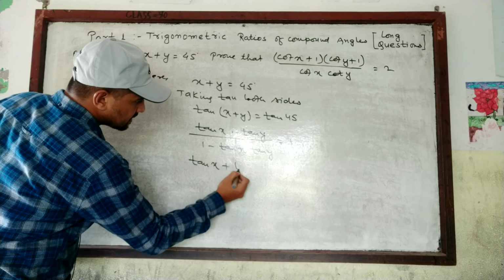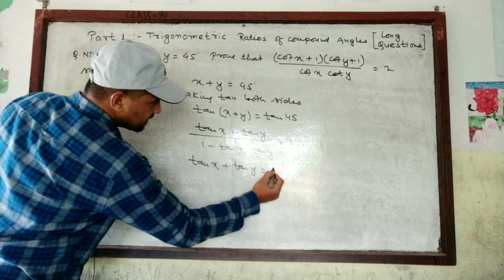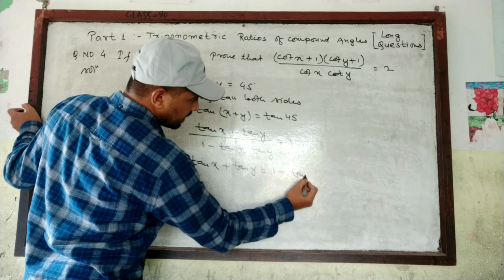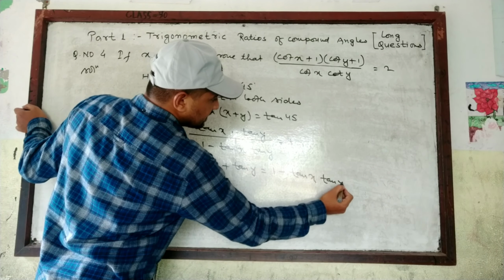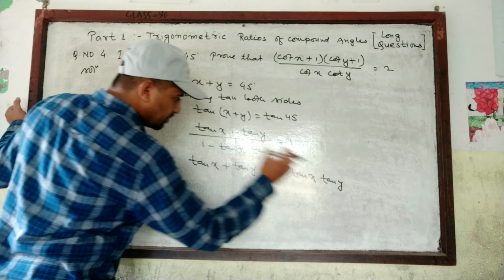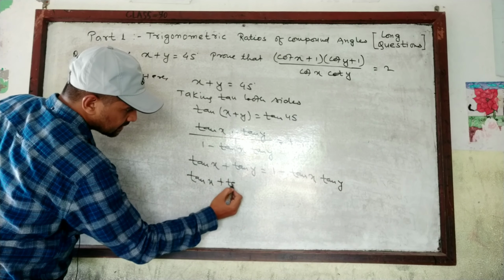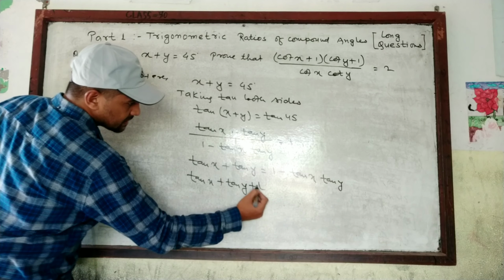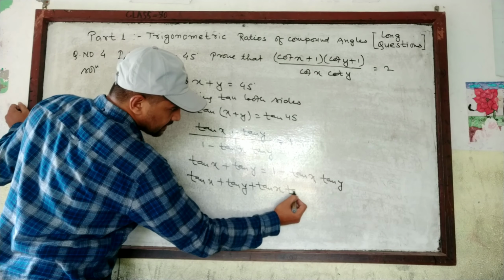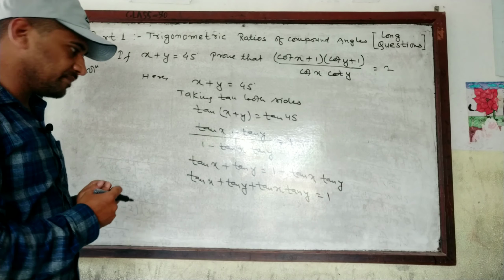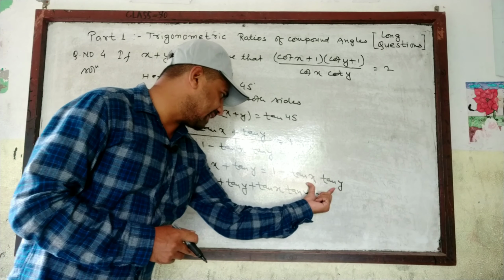Tan x plus tan y is equal to 1 multiplied by minus tan x tan y. Now take this term to the left side: tan x plus tan y plus tan x tan y is equal to 1.